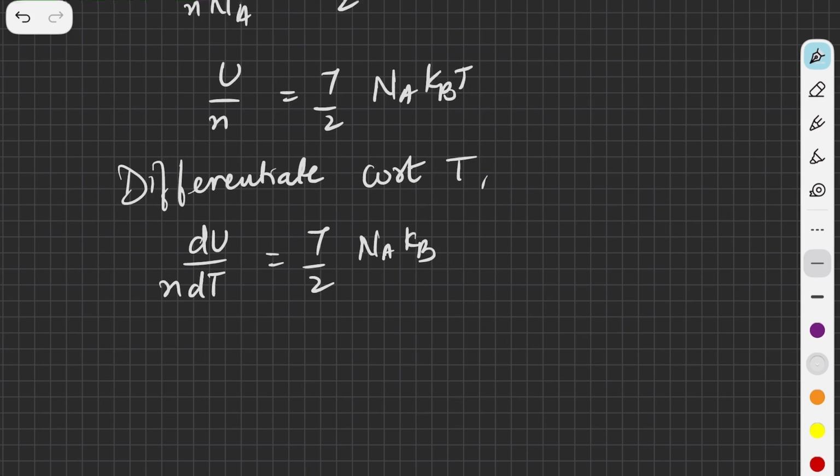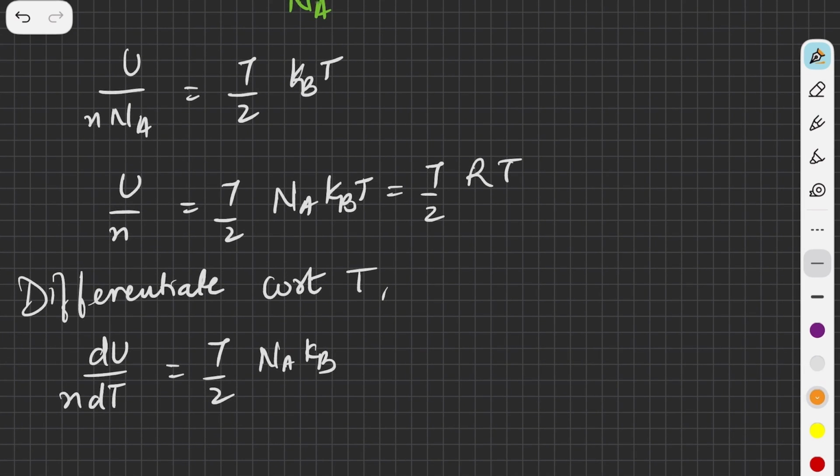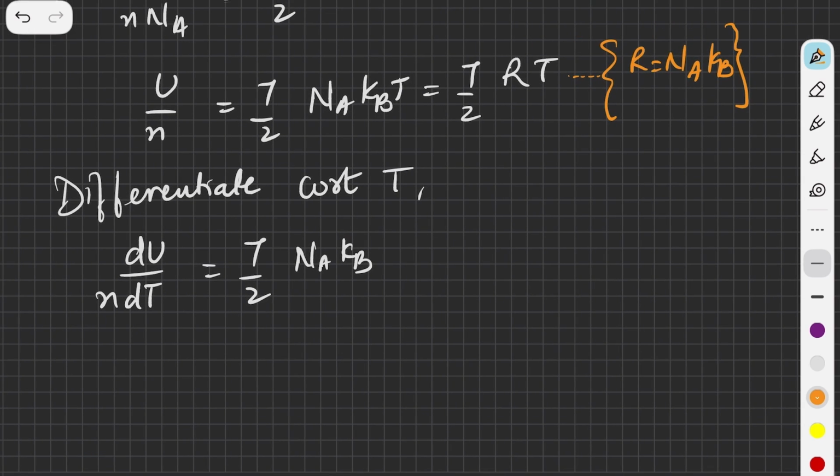Na into kB is nothing but R, because R is equal to Na times kB, where kB is the Boltzmann constant.